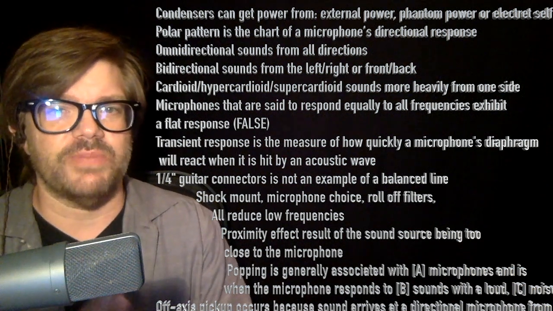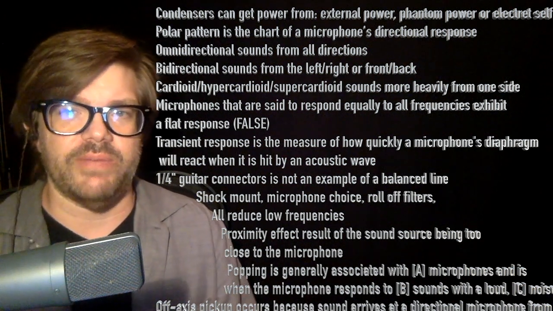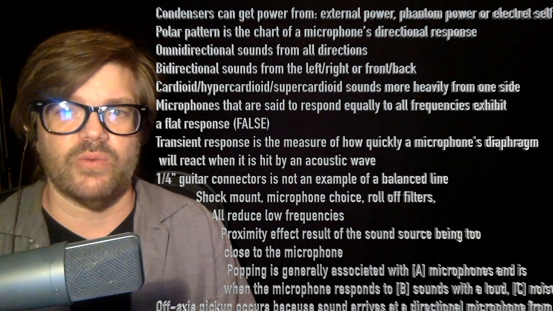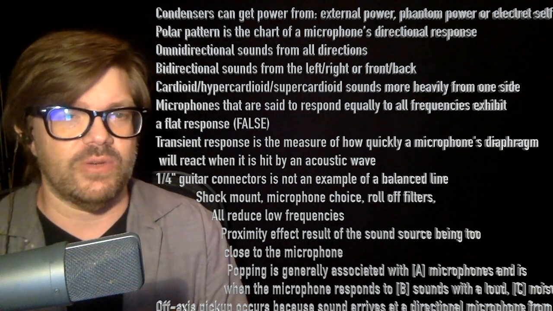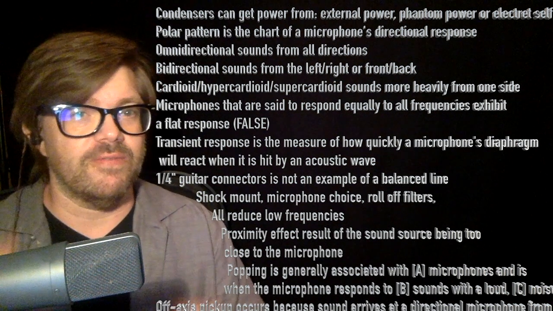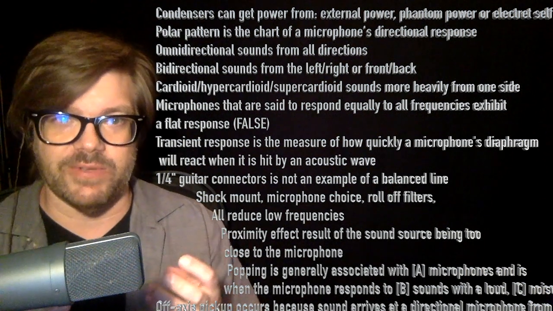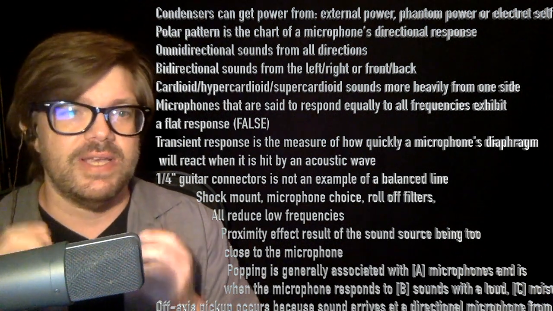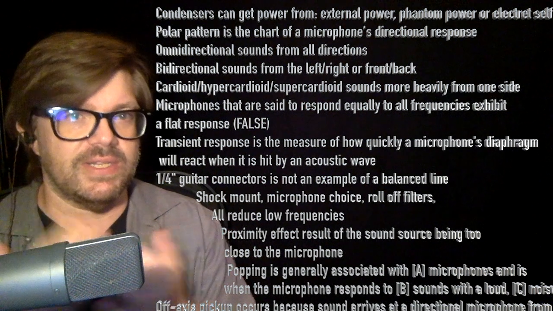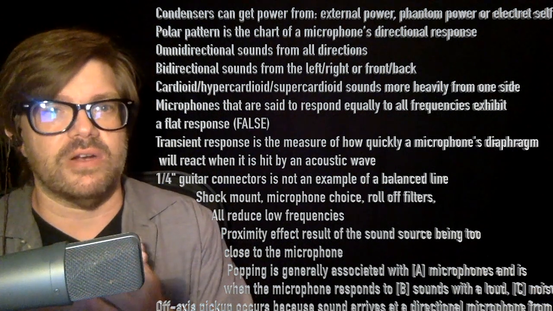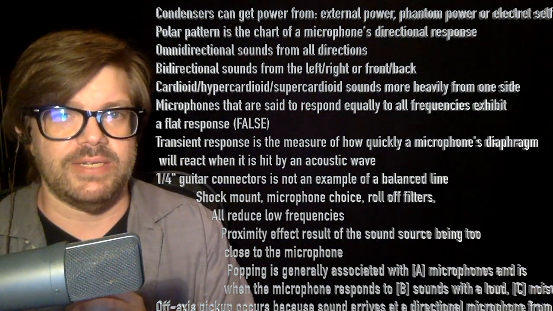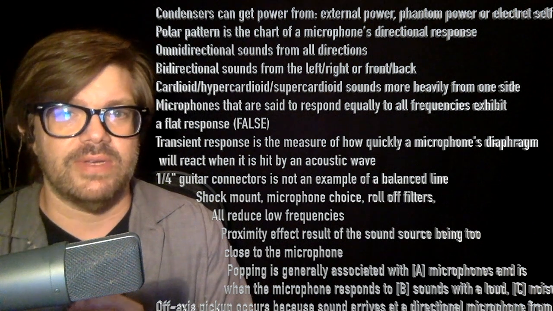The transient response is the measure of how quickly a microphone diaphragm will react when it's hit by the acoustic wave. Condenser microphones are going to be a little faster. They're going to pick up those high frequencies faster than a moving coil, which takes a little longer to respond to the sound.